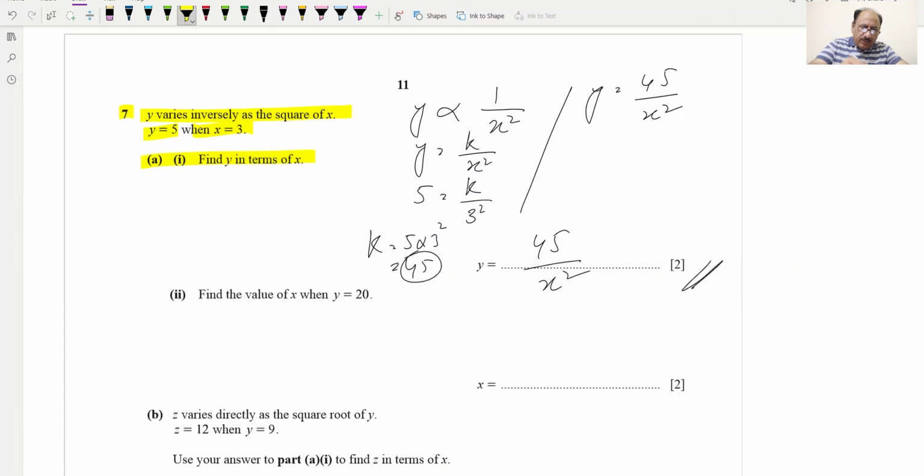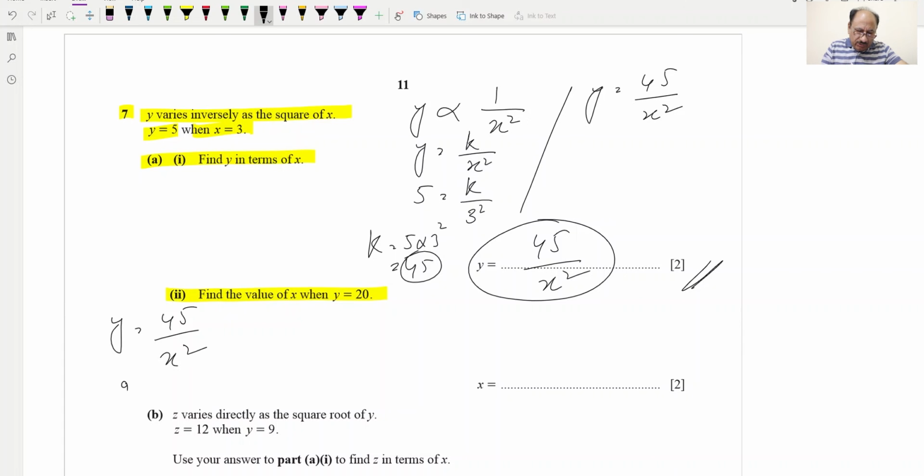Now the second part says find the value of x when y is equal to 20, and we will be using this equation which we found in part A. Y is equal to 45 over x squared.